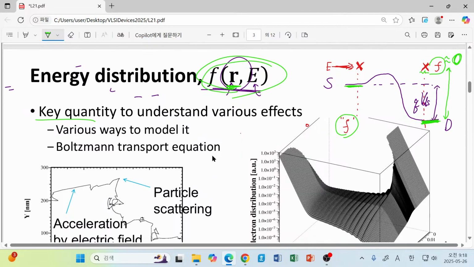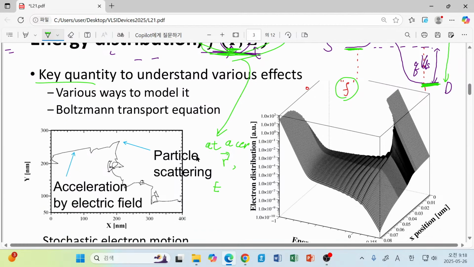This means that at a certain position and at a certain energy level E, how much the state is occupied. That occupancy is described by this distribution function.